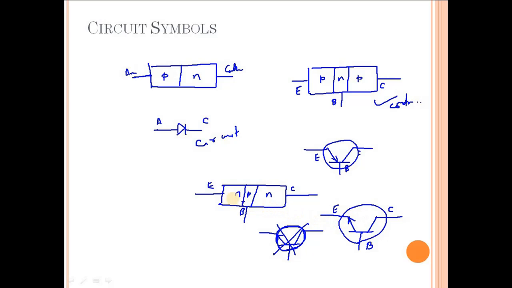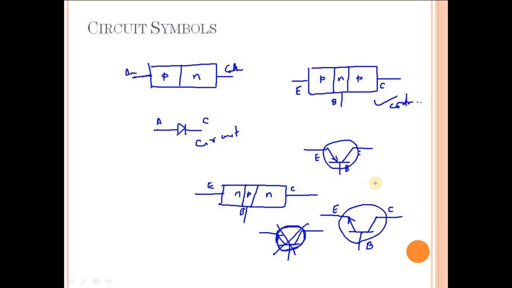So with the emitter layer, the PN junction involved is this PN junction, and when this PN junction is forward biased, the direction of current will be from P to N, and so the direction of the arrow is towards outside to represent the current's direction in the emitter terminal.